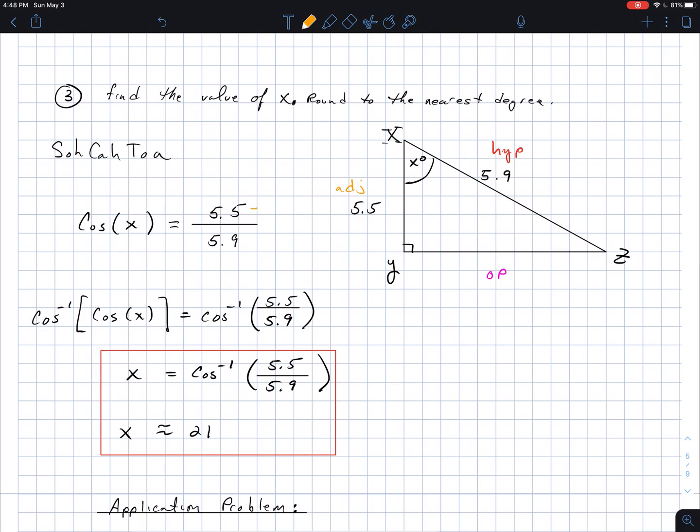So I have the adjacent over the hypotenuse, right? Then I just took the inverse of both sides and came up with my solutions. Hoping this is pretty straightforward.